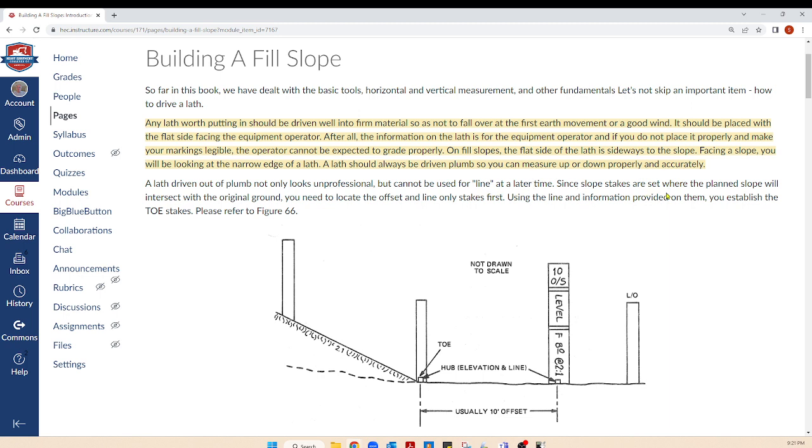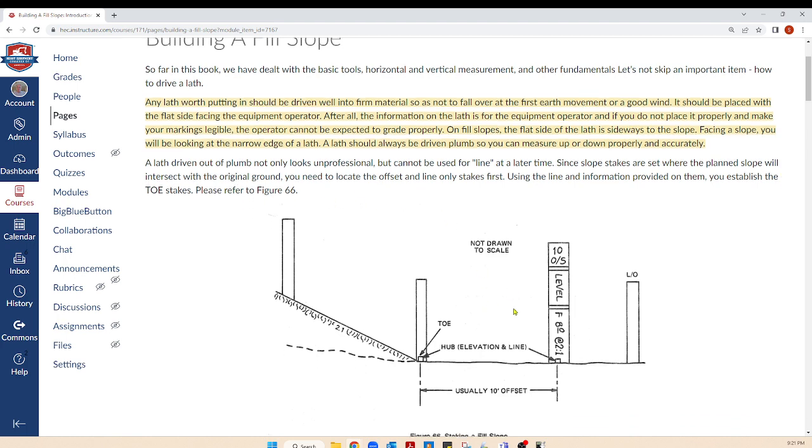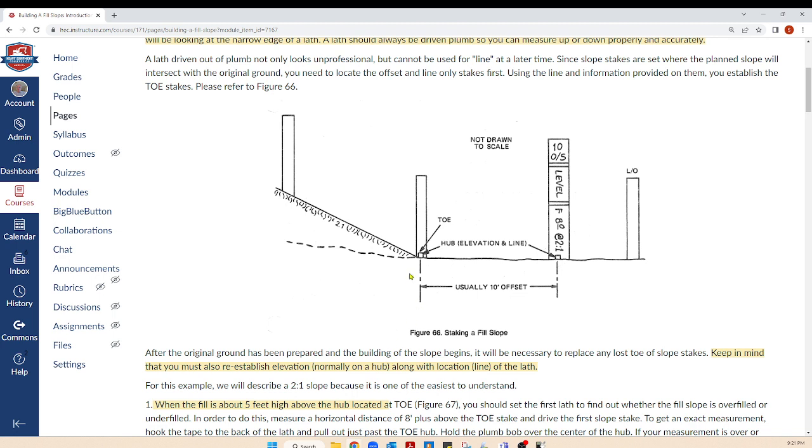Since slope stakes are set where the planned slope will intersect with the original ground, right there, you need to locate the offset and line only stakes first. Using the line and information provided on them, you establish the toe stake. Figure 66.